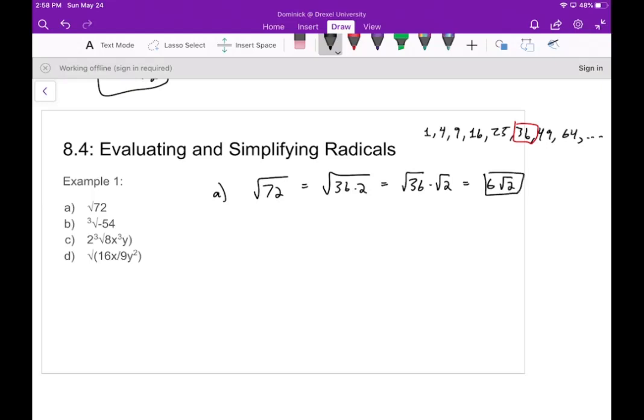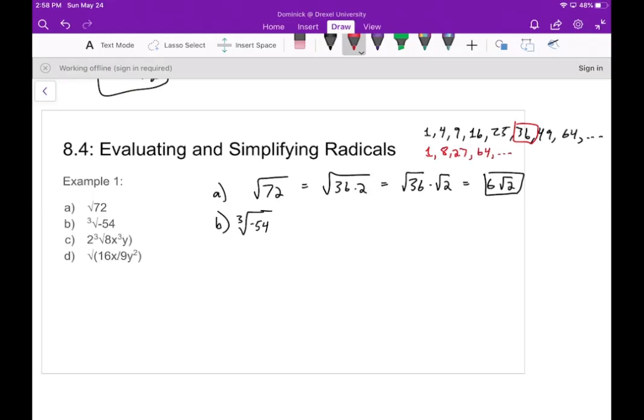For part B, I have the cube root of negative 54. So now I need to do something similar. I need to look at perfect cubes, like 1, 8, 27, 64, and so on.